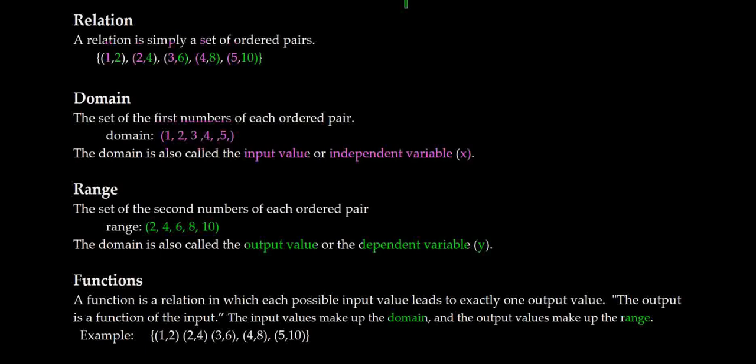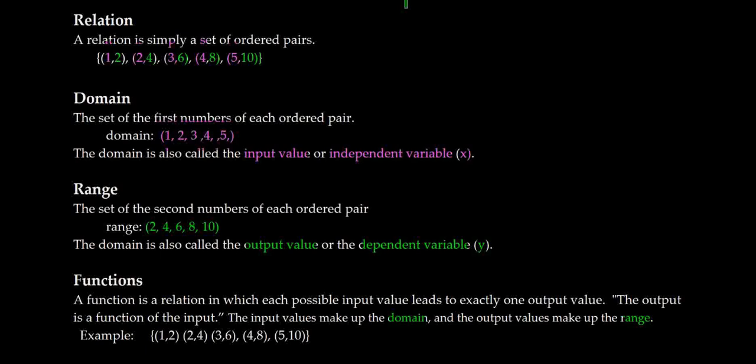And 5 is an input value with an output value of just 10. Therefore, this relation is a perfect example of a function because each input value has exactly one output value.